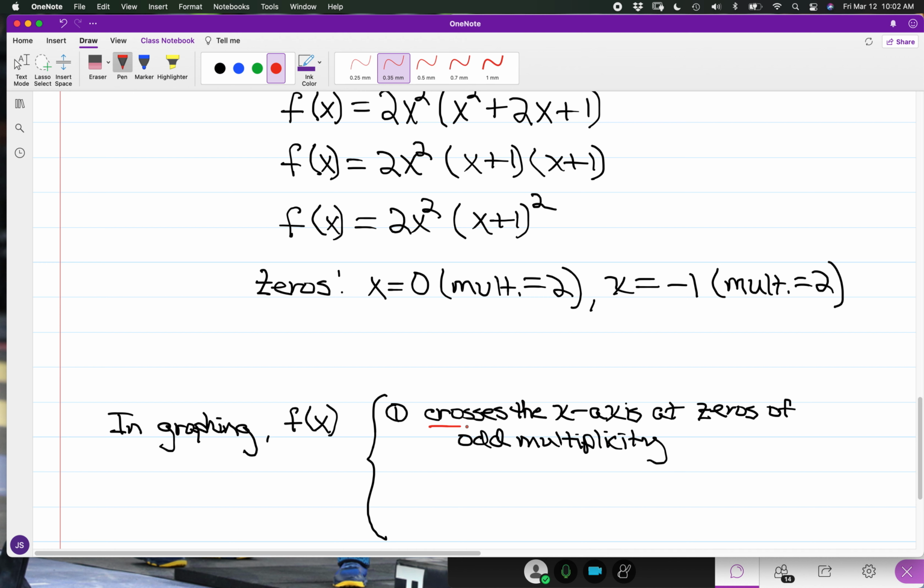Again, just to stress, crossing the x-axis happens at zeros of odd multiplicity.